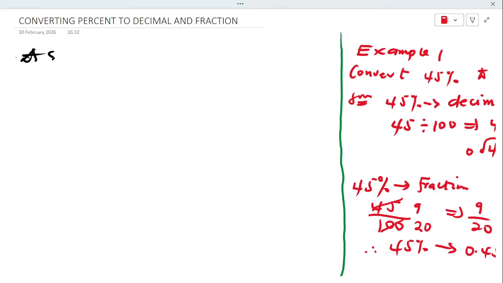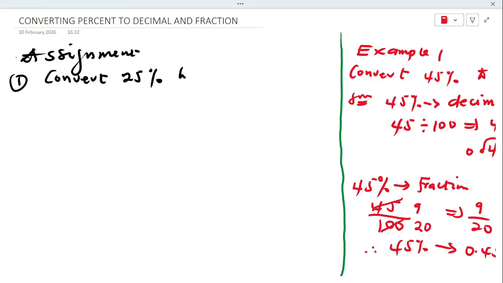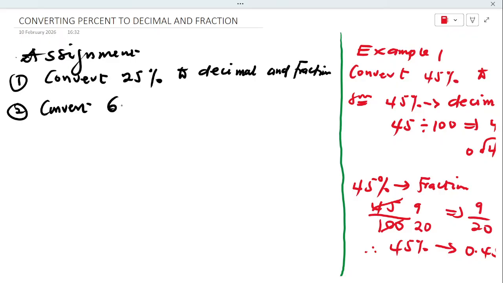So we have assignment 1, convert 25% to decimal and fraction. 2, convert 60% to decimal and fraction.